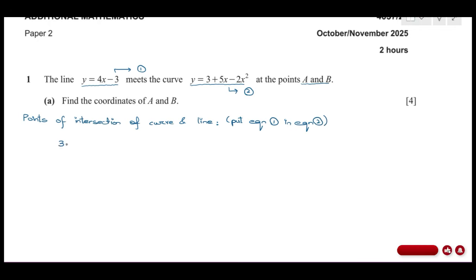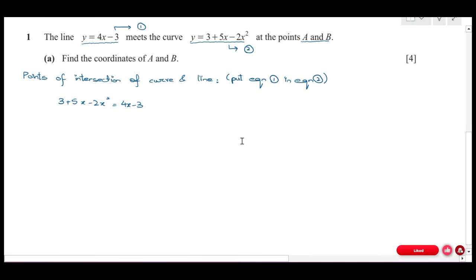So here we can say 3 plus 5x minus 2x squared equals 4x minus 3. So basically we have to compare the two y values. This y value substituted over here, or this y value substituted over here. Now we have to solve for the x coordinate first, because this whole equation is in the variable x.